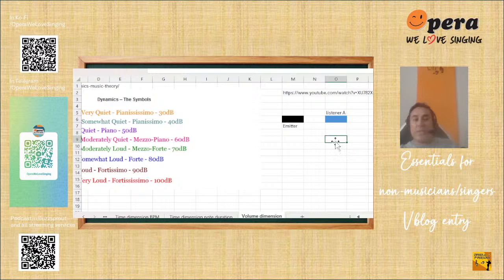That is certainly a little obvious, but still I would like to explain it. The distance between the emitter and the receiver matters in the measurement of the decibels because, in fact, one of the factors of the formula is related to the distance. So, of course, the closer you are to the source, the louder you will listen to it.